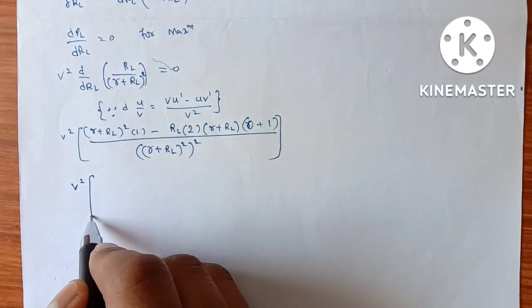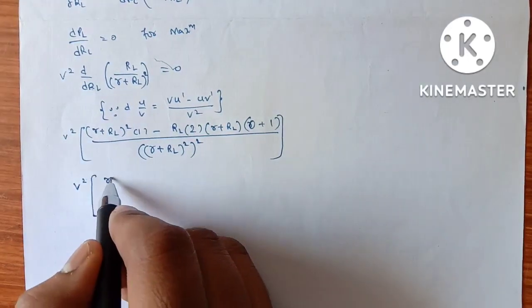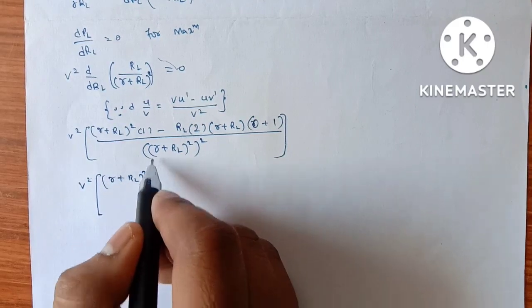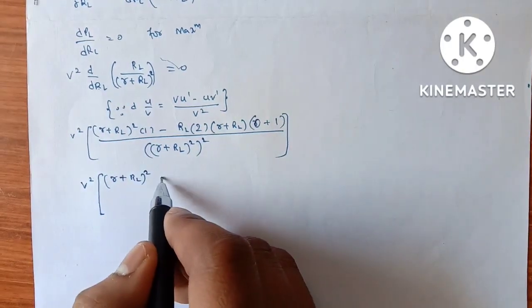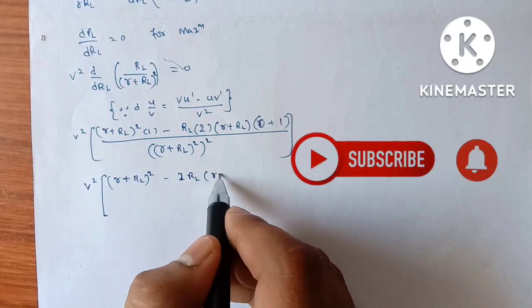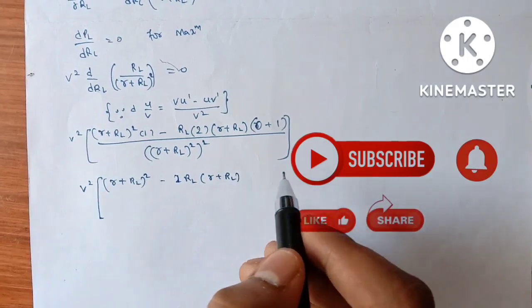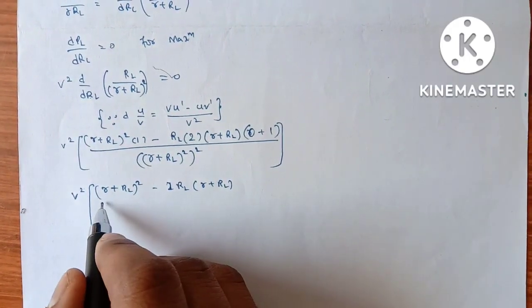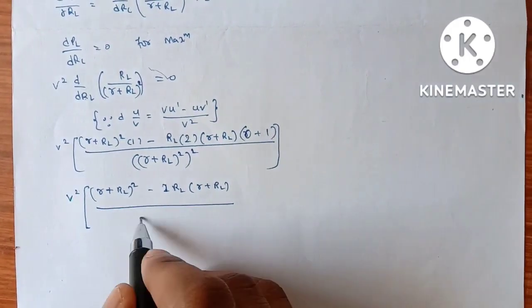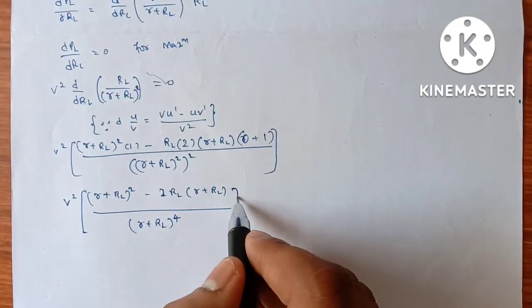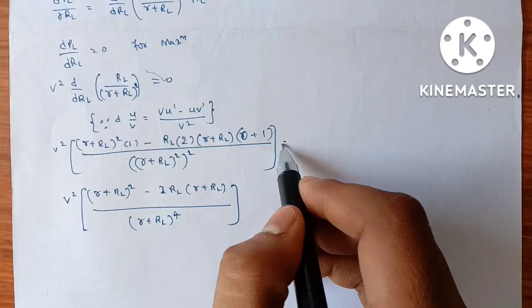Now if we simplify this equation, we get (R plus RL) whole square, writing 1, minus 2RL into (R plus RL), 0 plus 1, which is 1, all by (R plus RL) power 4. Now this is all equal to 0.